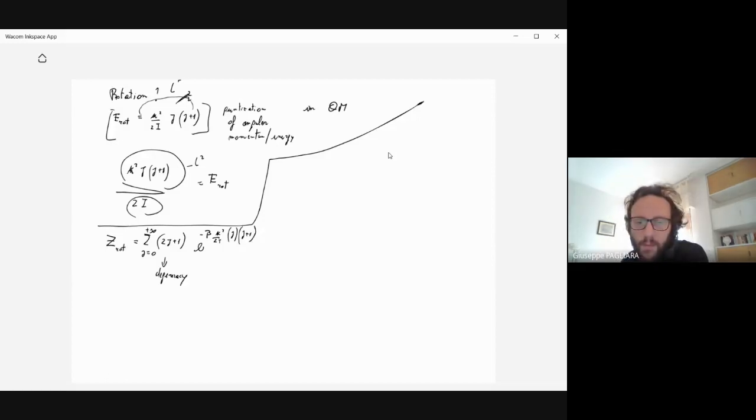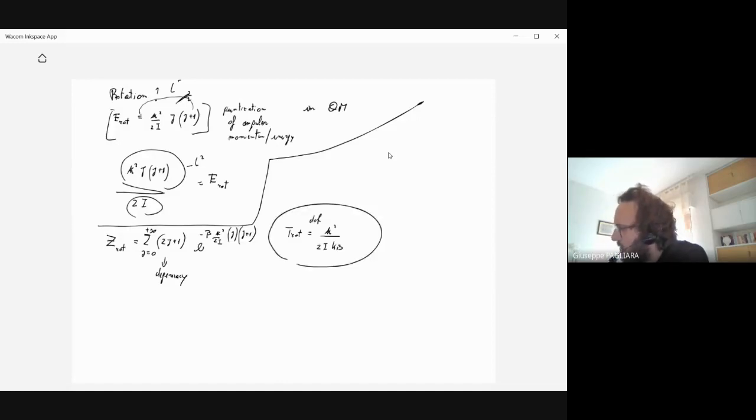Now, as before, let me introduce a scale of quantization, which will be called T rotational, which is h squared divided by 2I and kB. Sorry, here I is not the temperature, otherwise it's a problem. This must be a temperature for dimensional reasons.